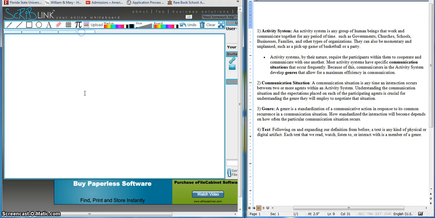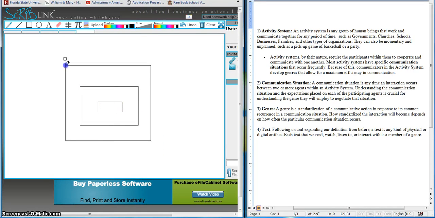And so what we should see is that you can think of all of these things as a set of hierarchical relationships. As we get further out, we get to bigger and bigger sets of ideas.